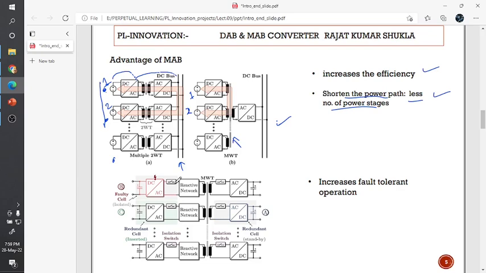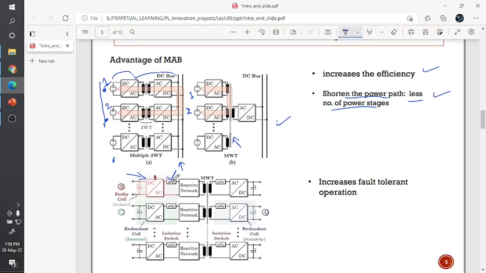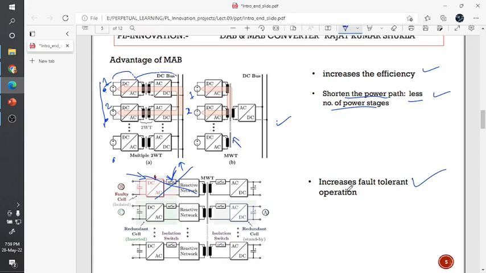Because there is always an isolation cell, an isolation switch, and whenever this DC to AC converter has some issue, some fault condition appearing, then this isolation cell will activate and this bridge will be turned off. Another bridge will act as needed to transfer the power. So this will increase the fault tolerant operation of the quad active bridge converter. This is the third advantage of the multi-active bridge converter.